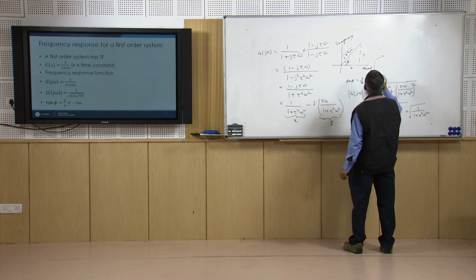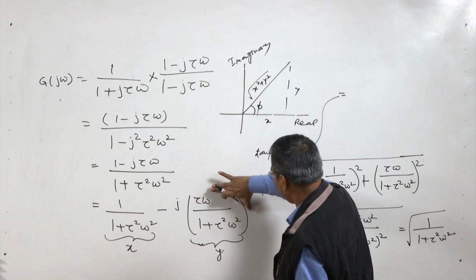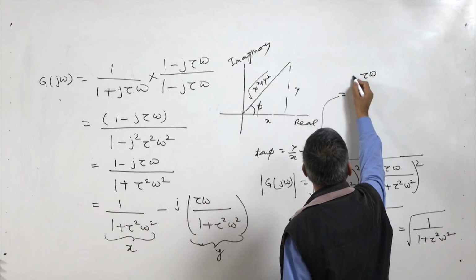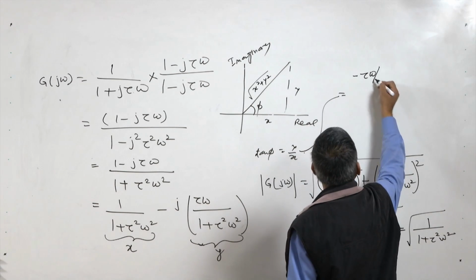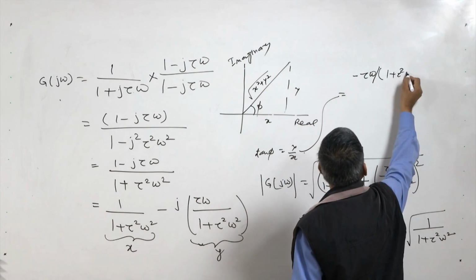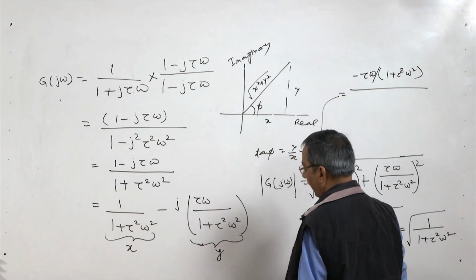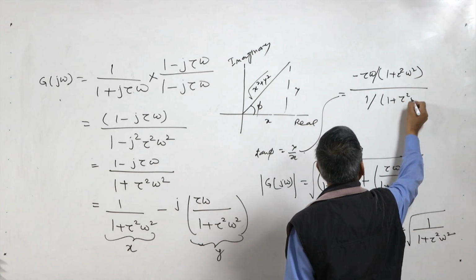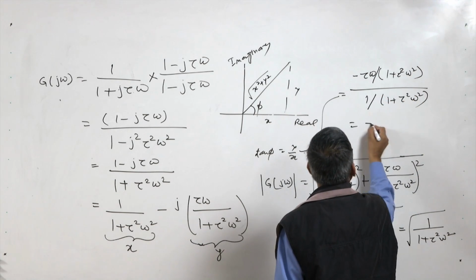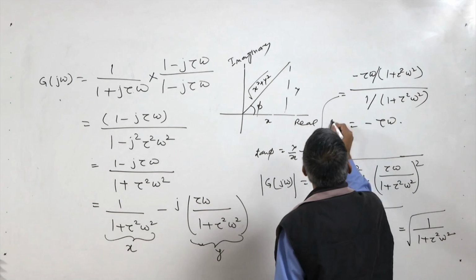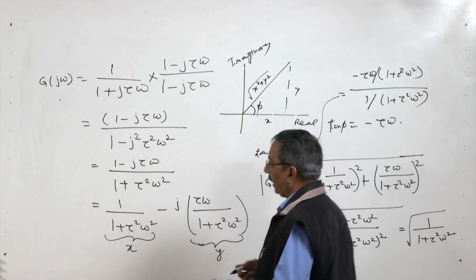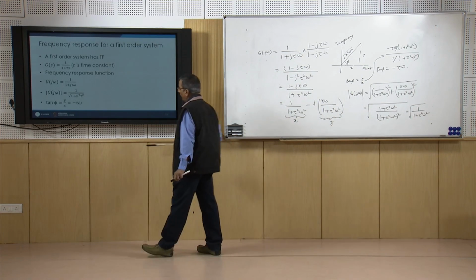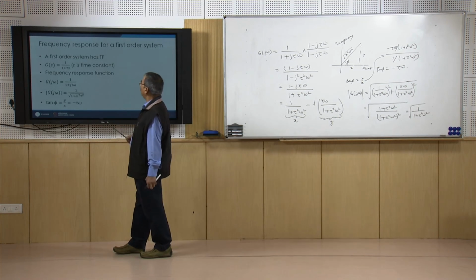My y component is minus tau omega divided by 1 plus tau square omega square, and the x component is 1 by 1 plus tau square omega square. So this is nothing but minus tau omega. So this is my tan phi. This way I can find the value of tan phi as minus tau omega.